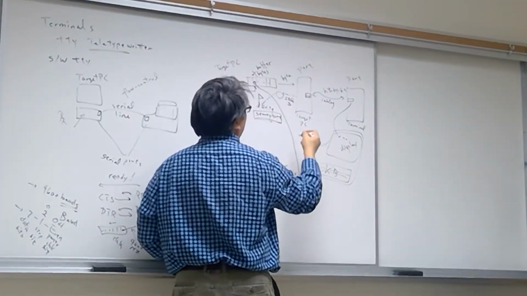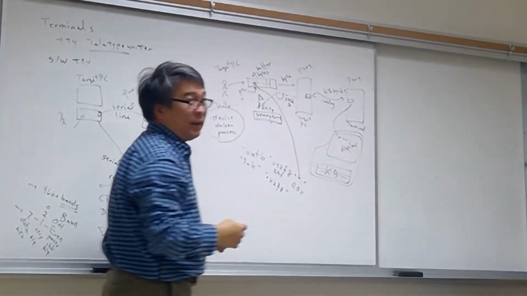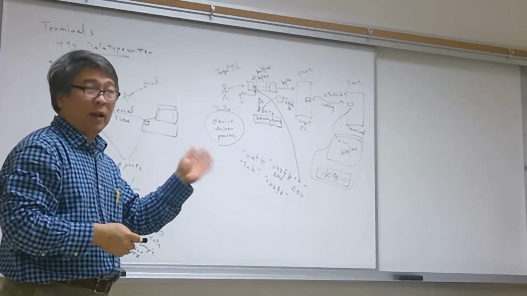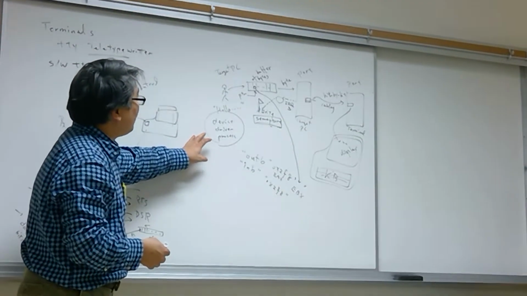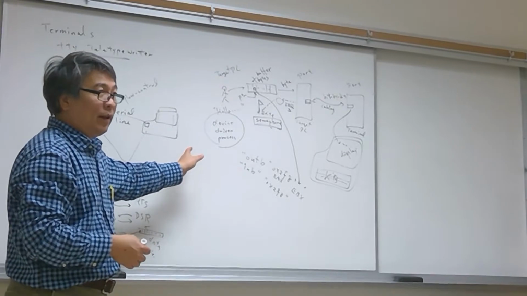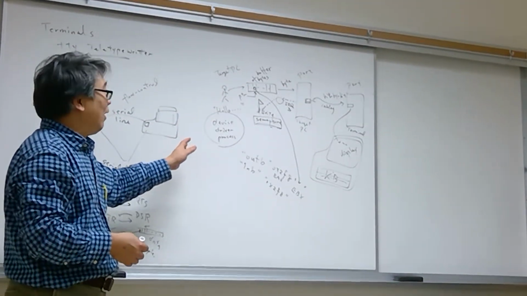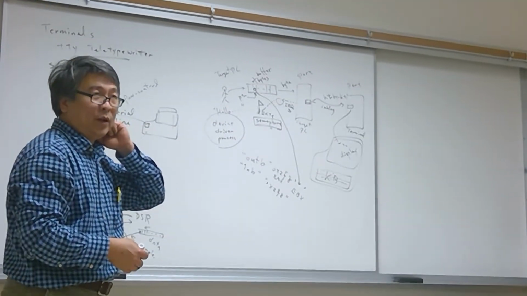And then the port will feed back with IRQ3. So this is interrupt driven output. It's not busy wait, it's interrupt driven output. Whenever the device driver sends out one character, it can go to sleep, and then the CPU can run other user processes.